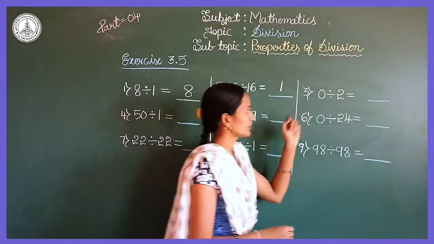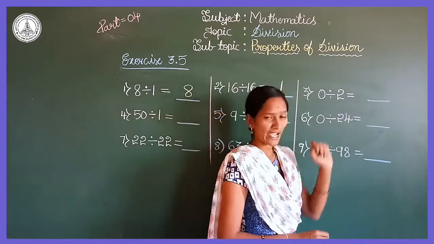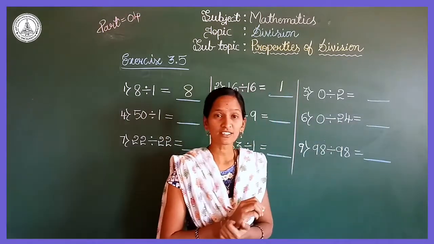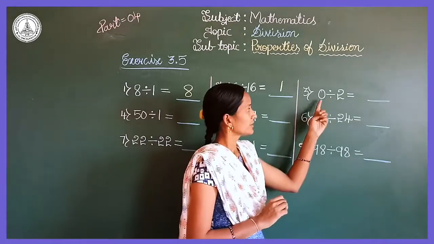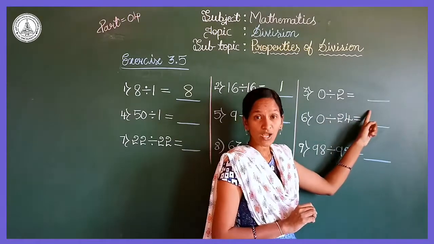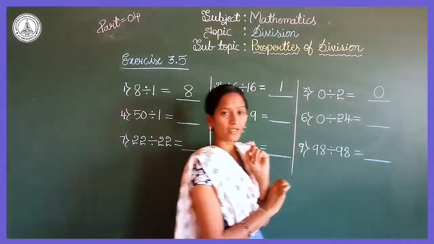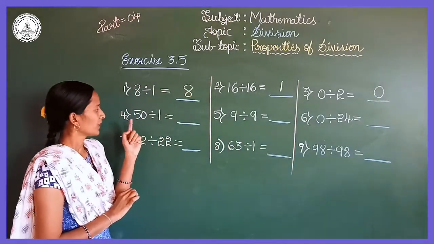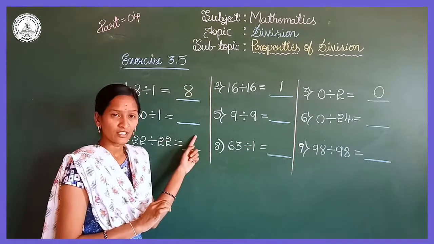Now come to the third problem. 0 divided by 2 is equal to dash. Which property is it? It is the third property of division, right? 0 divided by any number gives 0 as the quotient. So write 0 here. Come to the fourth problem. 50 divided by 1 is equal to dash. Which property is it?